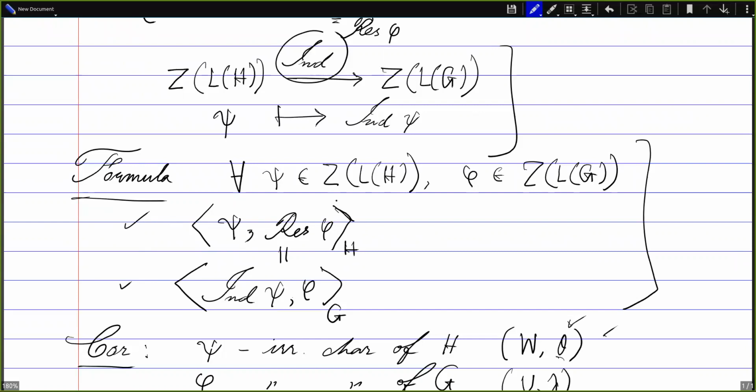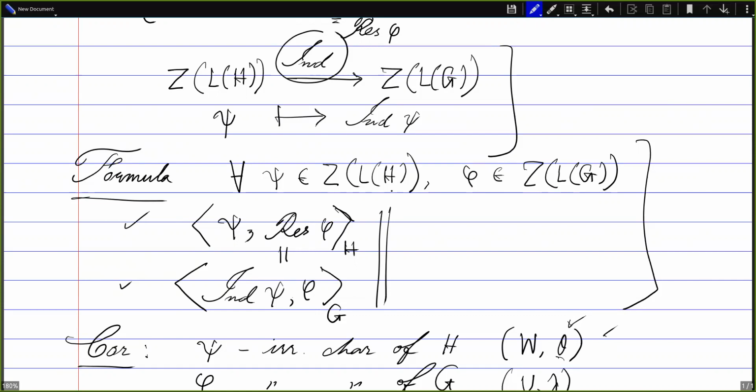I repeat, any class function is a sum of irreducible characters. So suppose we establish the equality for phi and psi, irreducible characters of H and G respectively.